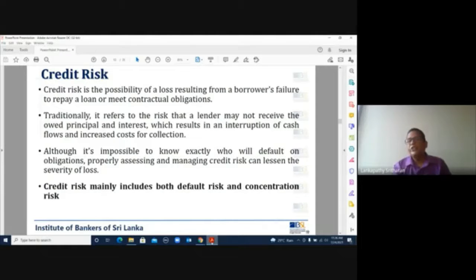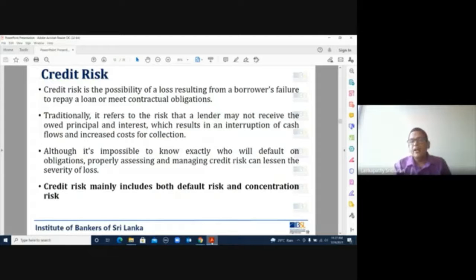I can explain concentration risk in a simple way. Let's assume one bank grants 75% of its loan portfolio to the tourism industry. Maybe several companies, but all are tourism industry companies.